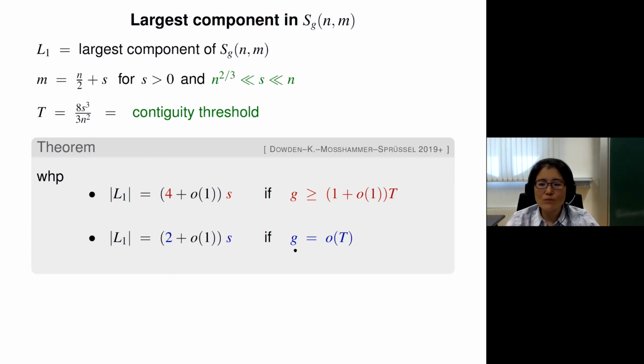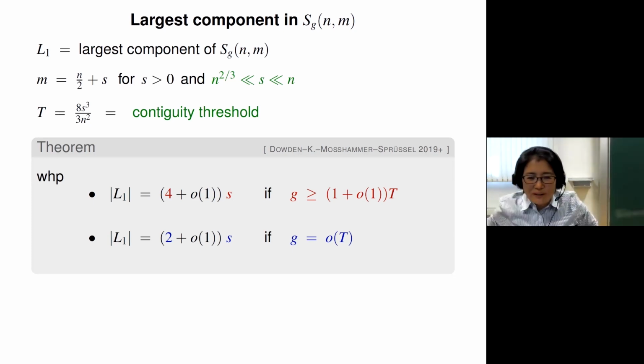When the genus is much, much smaller than the contiguity threshold, we have to work harder using the so-called combinatorial version of the Laplace method, or large deviation, sort of the saddle point method in combinatorics. We can show that the size of the giant component in the random graph on a surface is indeed 2 times S. Indeed, 2 times S we have seen, right?